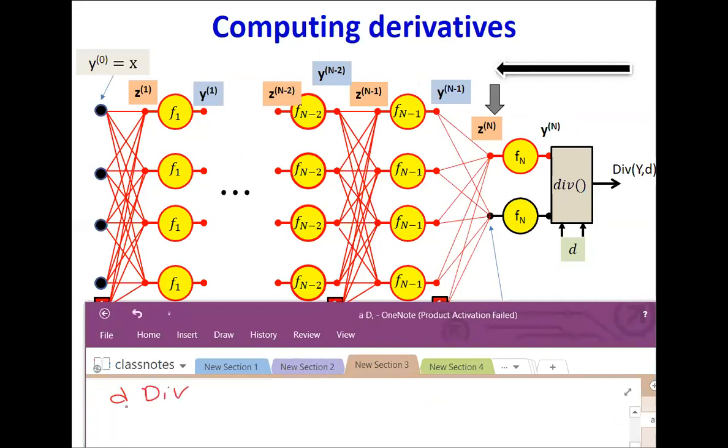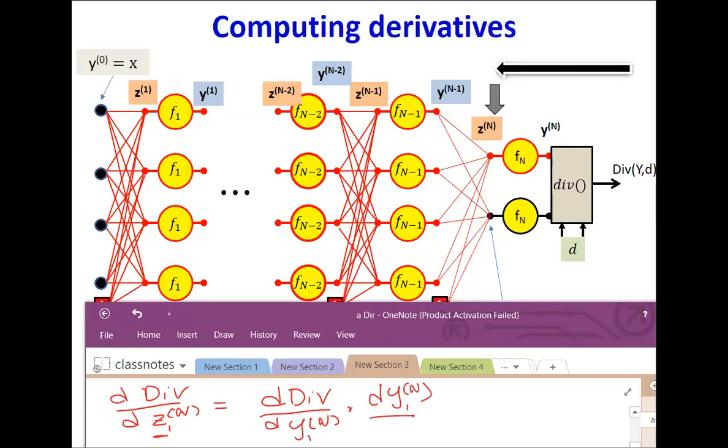What I want is to compute the derivative with respect to the affine value for the first neuron. But using the chain rule, I can say this is the derivative of the divergence with respect to the output of the neuron times the derivative of the output of the neuron with respect to the affine value, right? This is just a straight up chain rule.